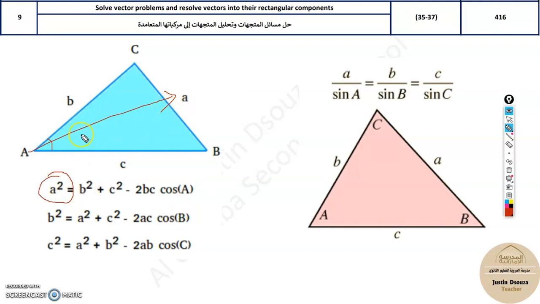Then you should know the opposite angle, cos A, and the included angle and the sides. So a squared equals b squared plus c squared minus 2bc cos A. This is how we find it. And law of sines is also very simple. Side a divided by the sine of the opposite angle, sine A, equals b by sine B. Any two of these are used and you can find whatever is unknown.